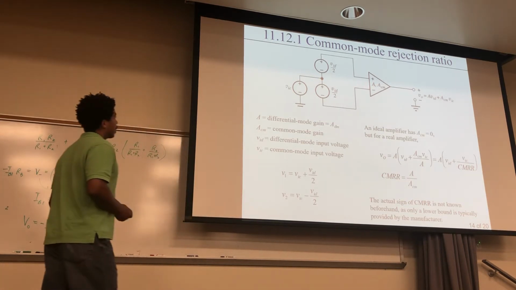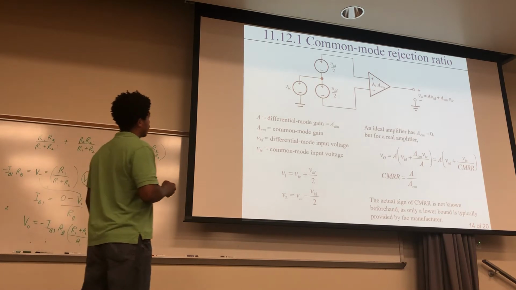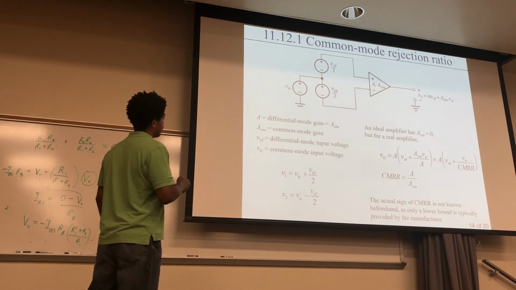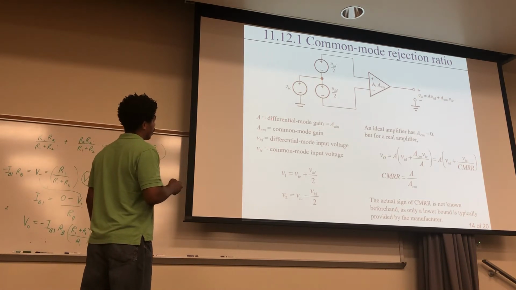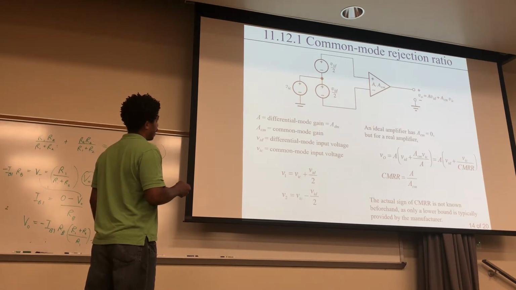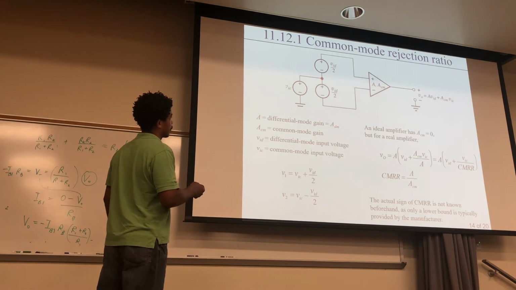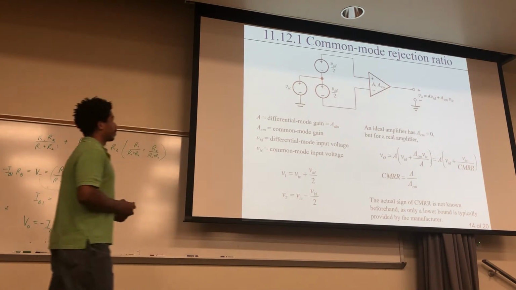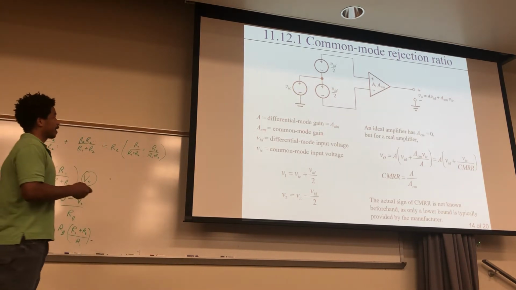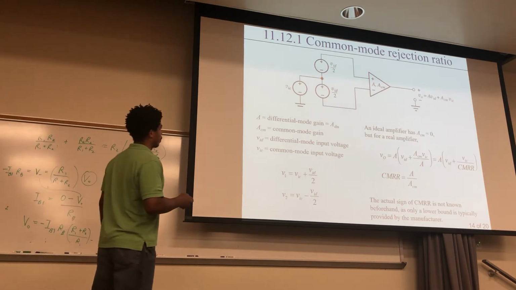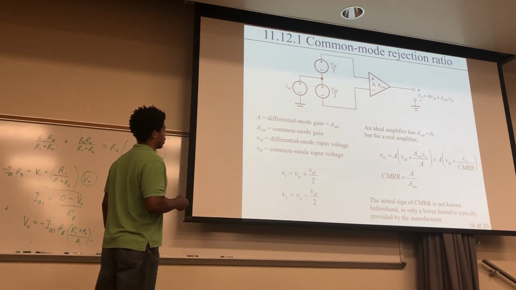Okay, and this A right here that we typically just call A, another way of calling it is a differential mode gain, which some people will put the subscript DM to signify the difference between this one and the CM for common mode. Here's the common mode gain, differential input voltage, and common mode input voltage.